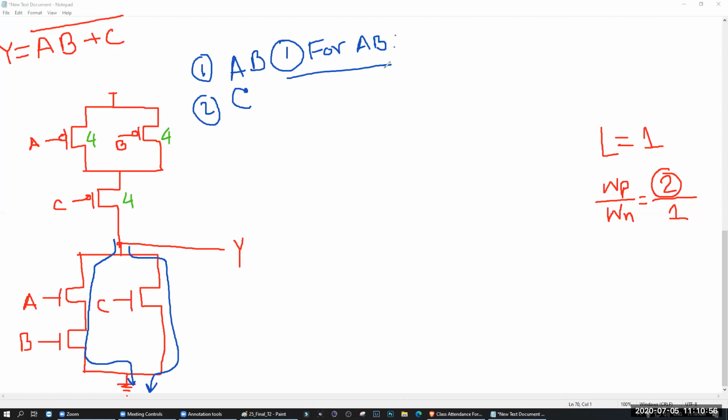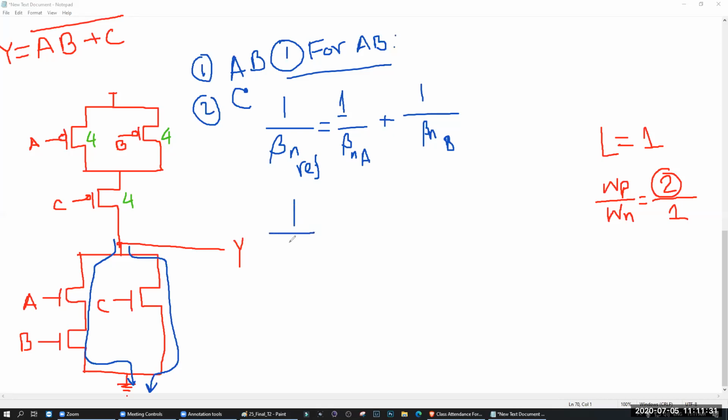For AB, the calculation will be again 1 divided by beta n reference equal to 1 divided by beta n A, sorry, actually, I made a mistake. It should be beta n A plus 1 divided by beta n B, right? Understood? Now, what is the reference formula?